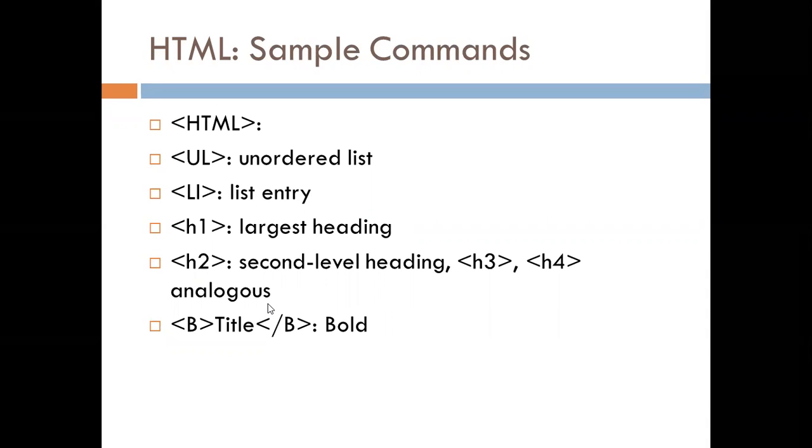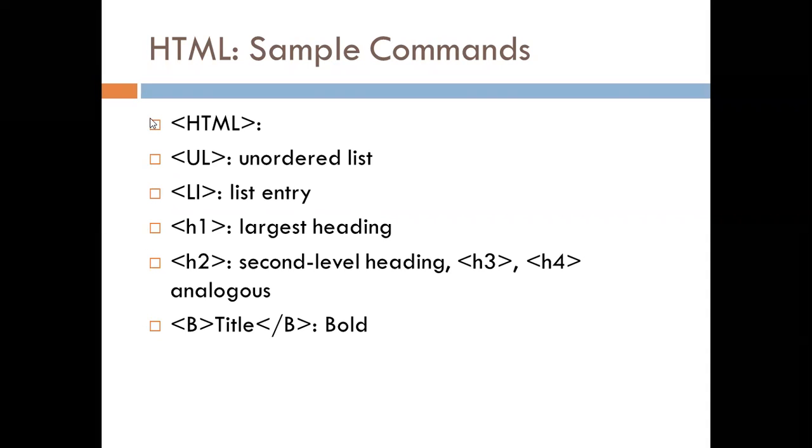So these are the sample commands. Each tag has its own functionality. For example, UL indicates it is an unordered list. Whatever you are seeing here, those square boxes, this is the unordered listing, and its nature is that it is in square boxes.